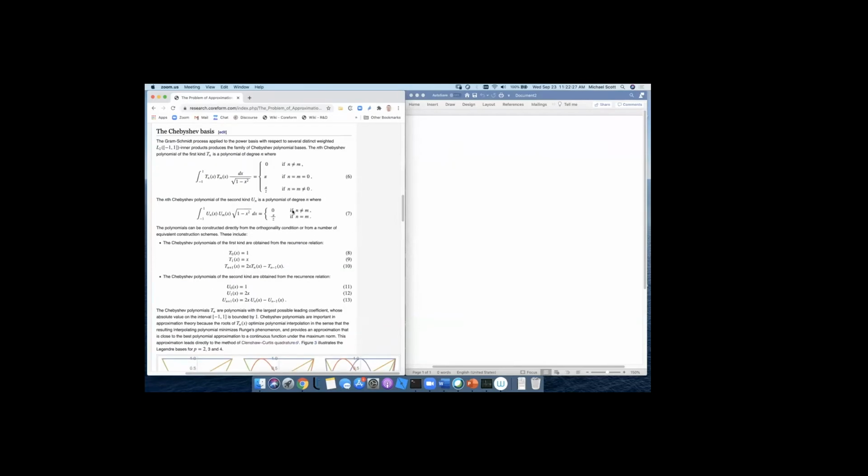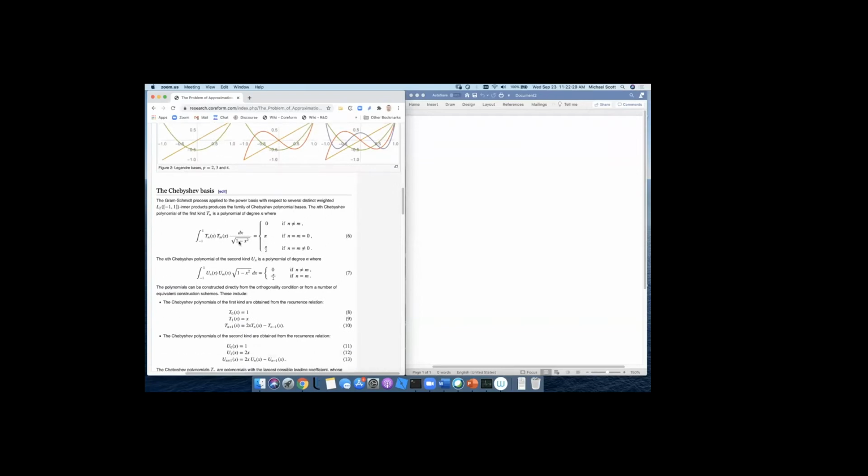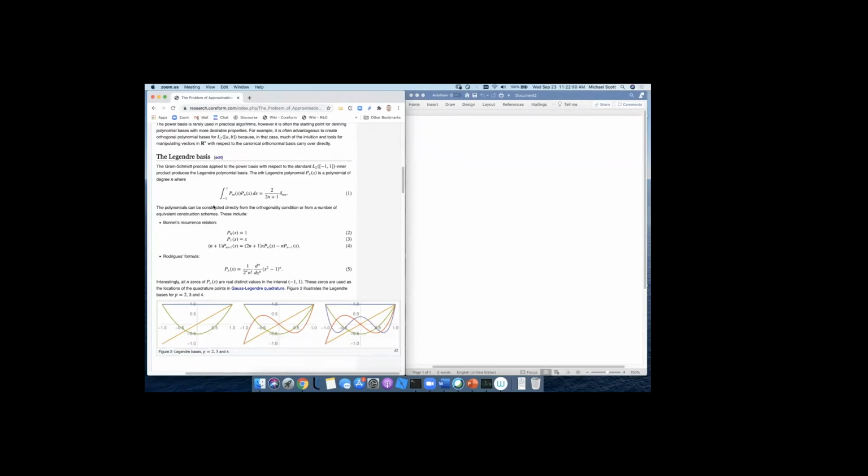I don't know if there's much more I want to say about these orthogonal polynomials, which again, just to reiterate, you construct from the power basis by picking an inner product and then applying Gram-Schmidt, which is described in the mathematical preliminary section. It's just a way to orthogonalize vectors in a linear space.